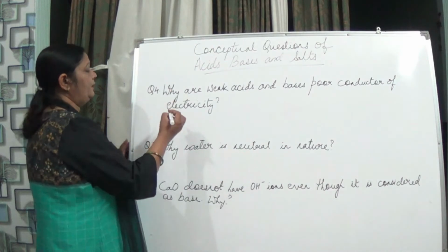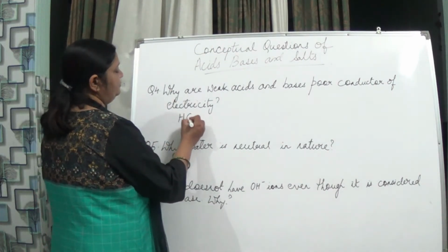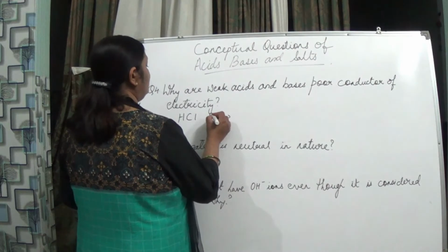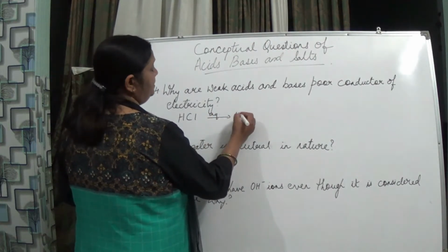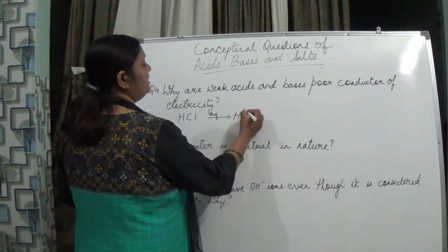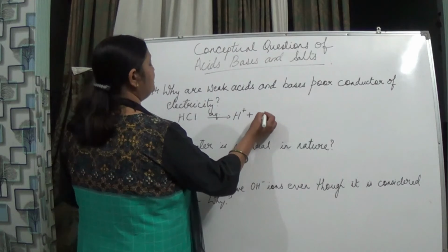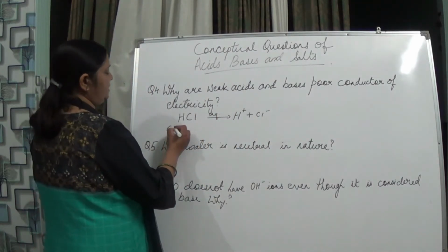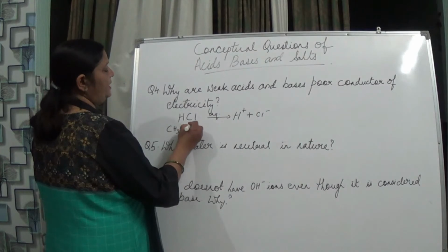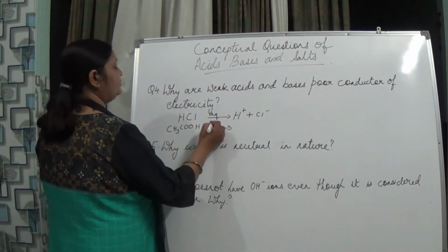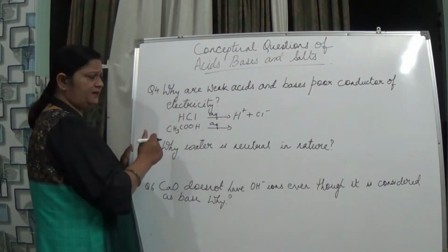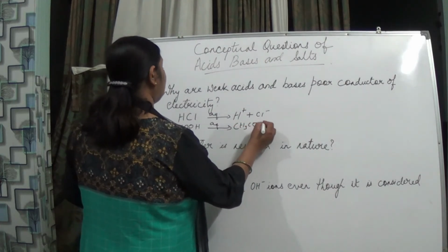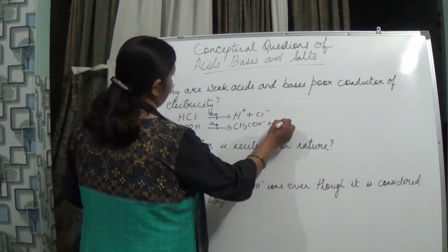Like HCl in aqueous solution, it dissociates into H+ and Cl- ions. When we talk about CH3COOH in aqueous solution, it only partially dissociates into CH3COO- plus H+ ions.